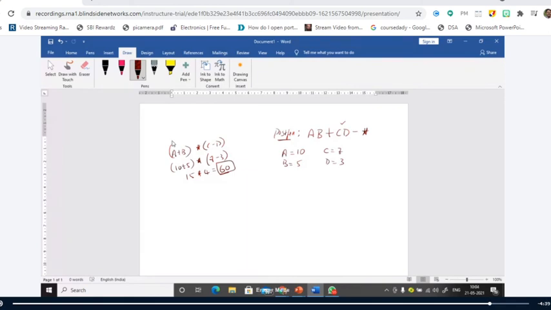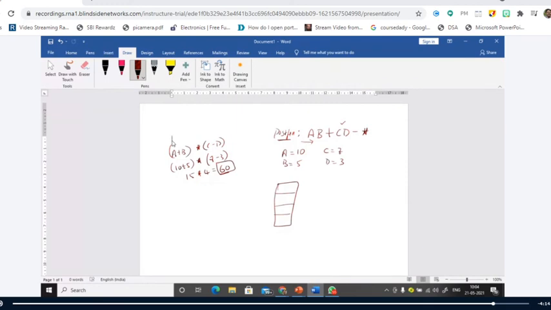So I take the stack contents. I initialize a stack, and I start scanning the given expression from the left hand side. Initially I got A. You change this expression into the corresponding one with numerics, right?